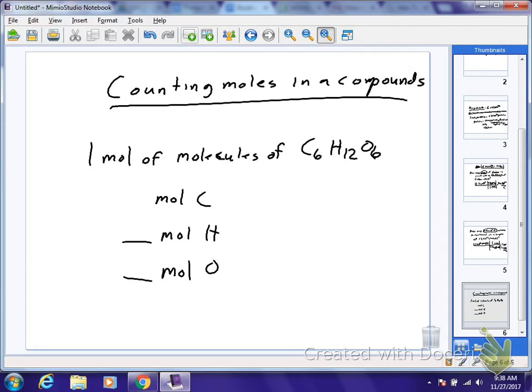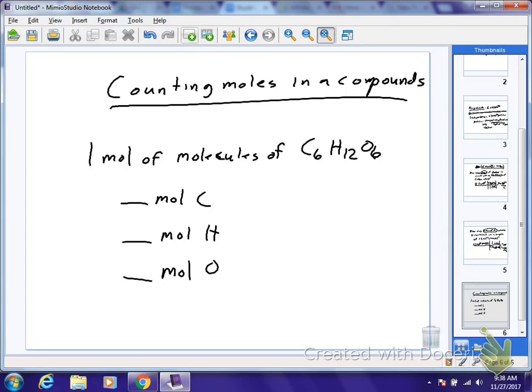So now what we need to do is we need to individually count. So if I got 1 mole of molecules, and I know I got 6 carbon atoms for every molecule, how many moles of carbon do I have? Okay, it's really pretty simple. If I have 1 mole of molecules, you can think of this: if I have one car, how many tires do I have on that car? 4, right?